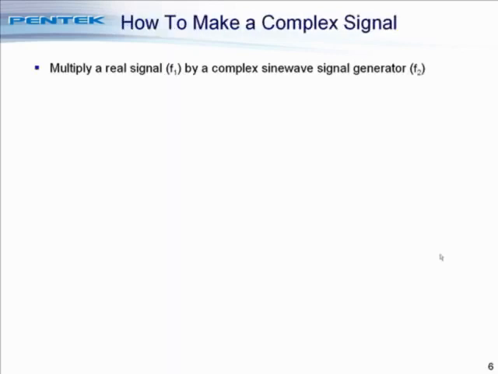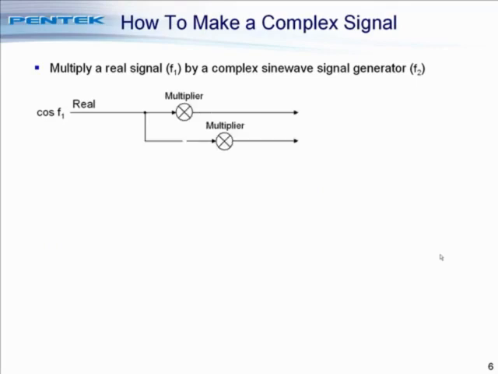How do you make a complex signal? Well, one way is to multiply a real signal at frequency f1 by a complex sine wave signal generator at frequency f2. So let's start with a real signal at frequency f1 and send it into a complex mixer or multiplier, which has two multiplier blocks.